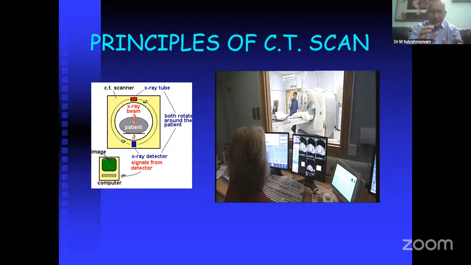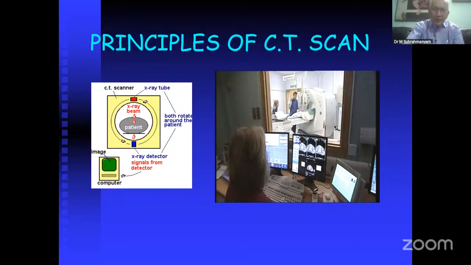Tomography is a technique where the source of the X-ray rotates and the plate which receives the X-rays also rotates in the opposite direction, keeping the point of interest in focus, so that the unwanted things are blurred and you get a good quality image of the area of our interest.